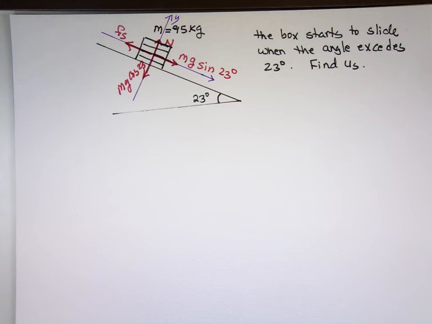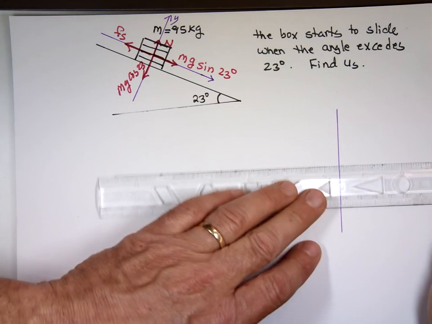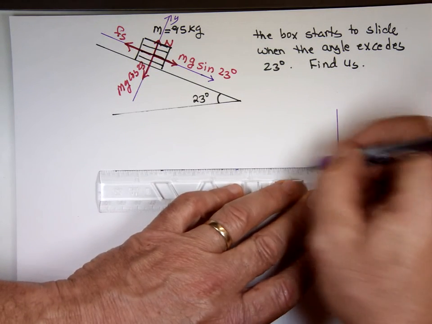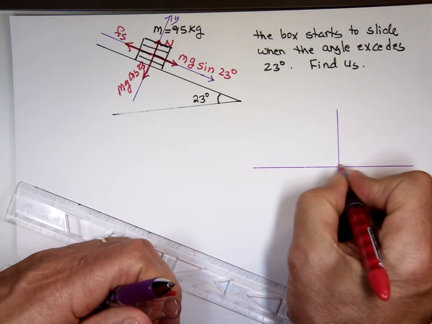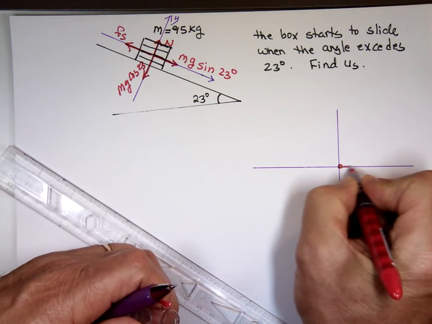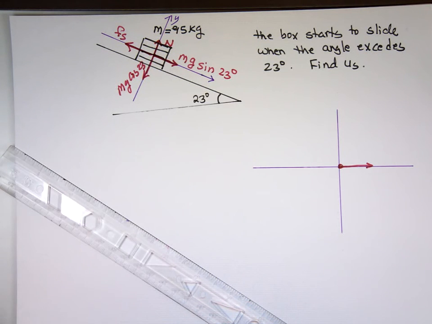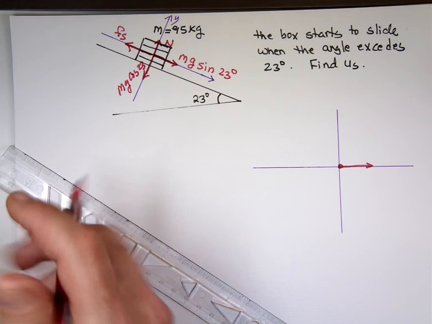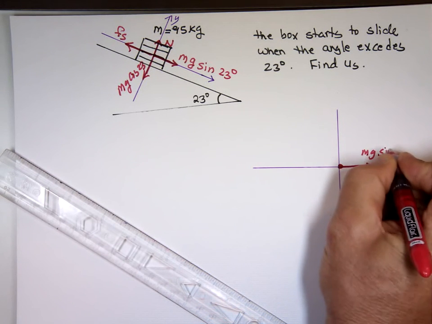Now let me redraw that and make it a little bit cleaner because it looks a mess there. So there's the box, right here, I shrunk it. So we have, in the x direction, mg sine 23. Do the math.